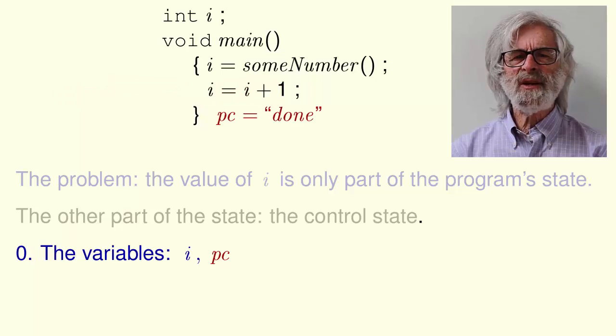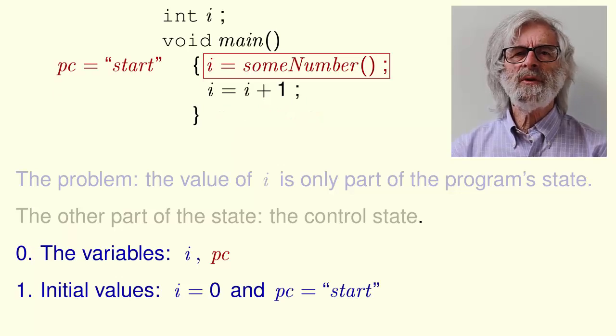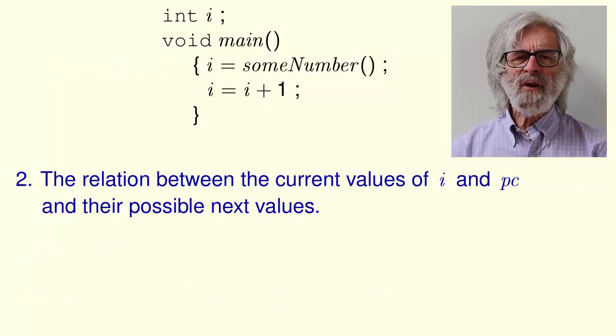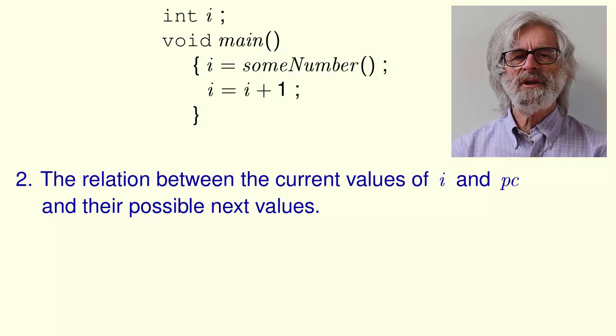And PC equals done means that the program has finished and there is nothing left to execute. The initial value of I is 0, and the initial value of PC is the string start. And now we can describe the relation between the current values of I and PC and their possible next values.